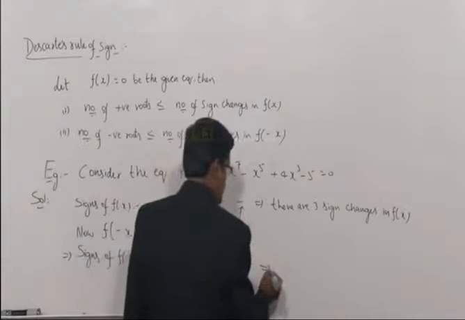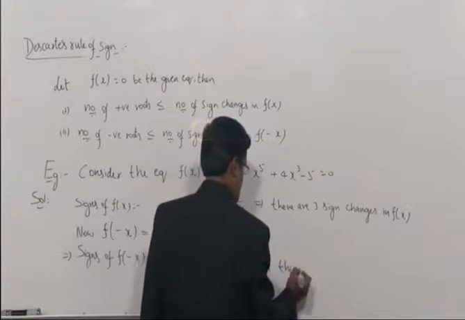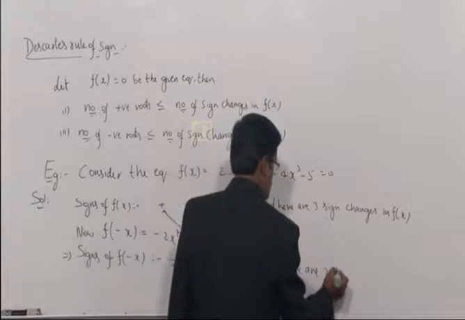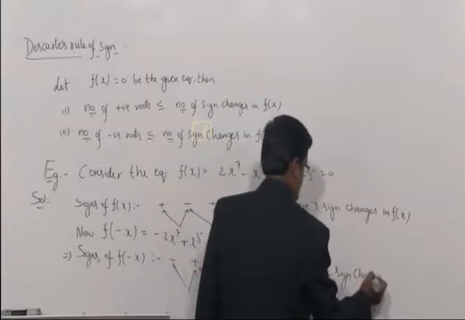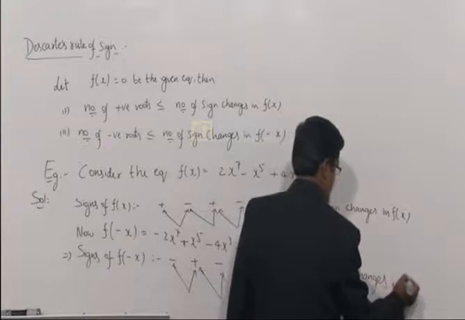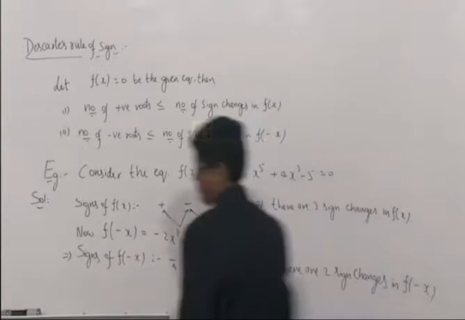So from this we conclude there are 2 sign changes in f(-x).